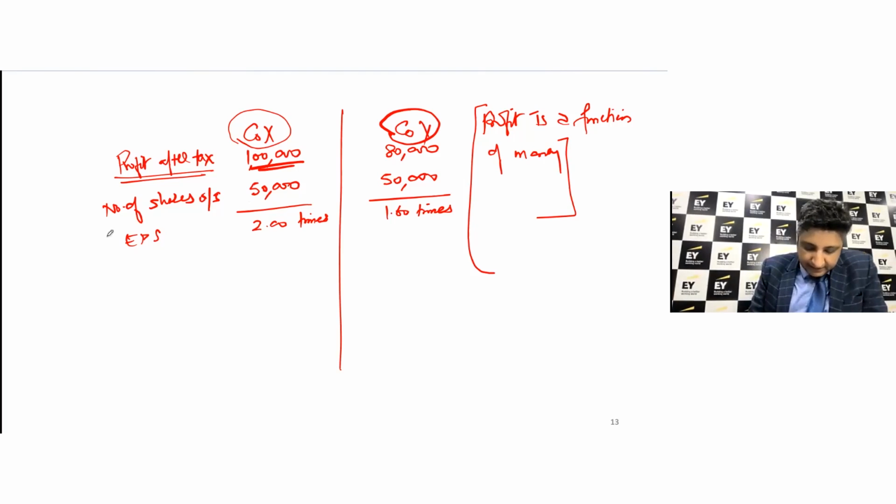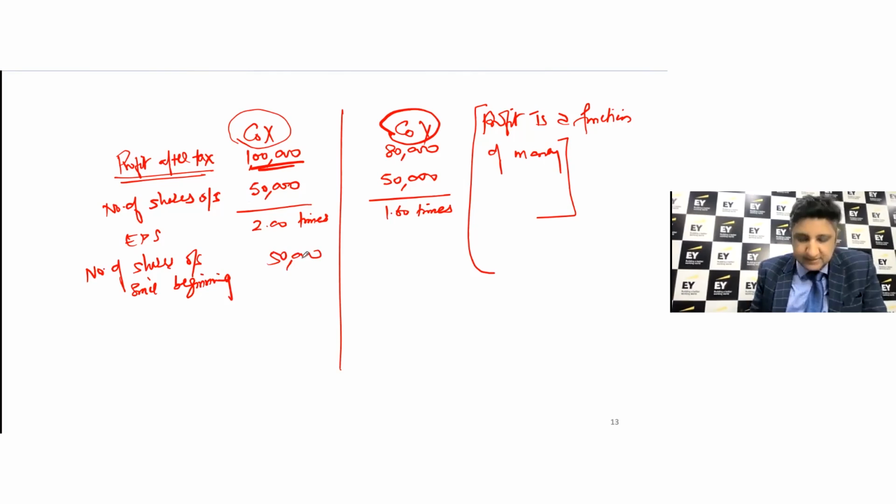Let us say that the number of shares outstanding since the beginning in this case is 50,000, right? Which means that whatever were the number of shares at the start of the year, they are available throughout the year.